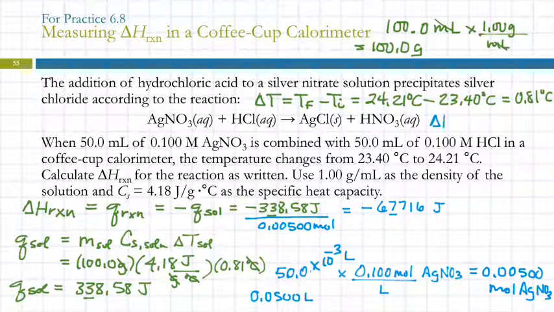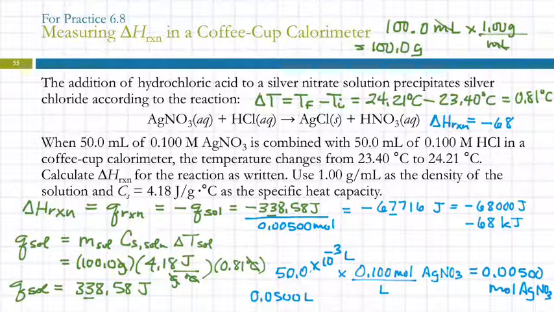What this is saying is that delta H for this reaction, normally, since this is a big number, we would make that into kilojoules. So let's finish our rounding here. So this would be 68,000 joules, or 68 kilojoules. So normally we'd say delta H for the reaction is minus 68 kilojoules.